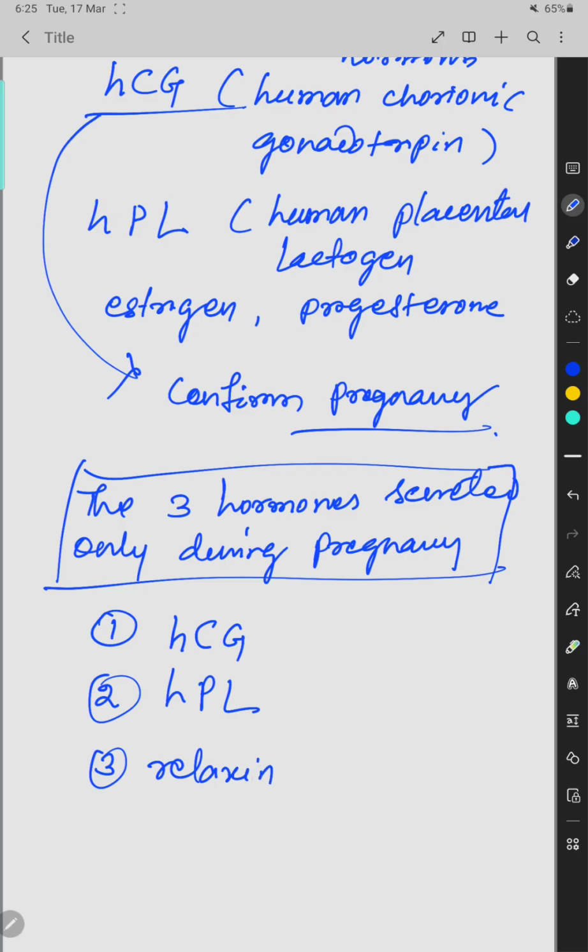Okay, so this relaxin, it's secreted by ovary, and these 2 are secreted by placenta.